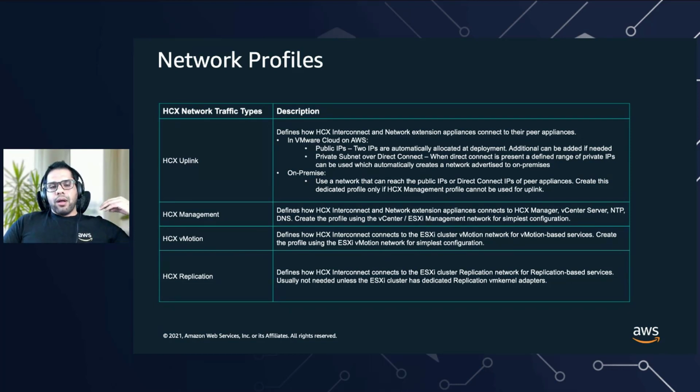So we're talking about the HCX appliances that are deployed in the on-premises environment and the cloud environment. They will communicate over the uplink network. Then we have the management network profile that defines the port group and IP pool that will be used by the HCX appliances to communicate with local ESXi and vCenter servers.